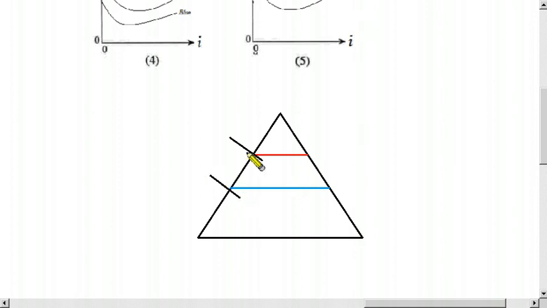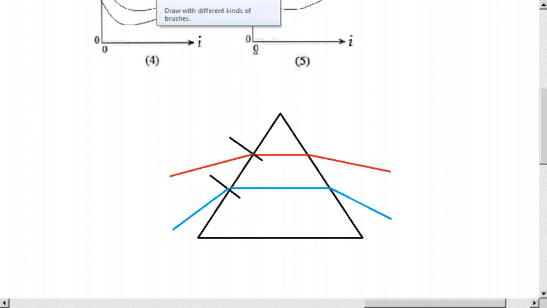So the red ray bends a little bit, has a little angle. The blue one has a great angle like this. So if this one is the minimum deviation, the diagram is like this. The diagram is like this if it is the minimum deviation.